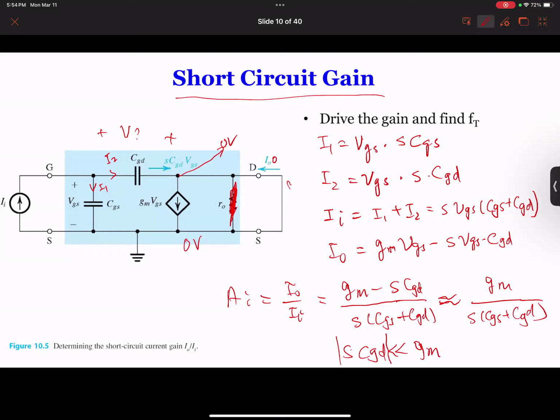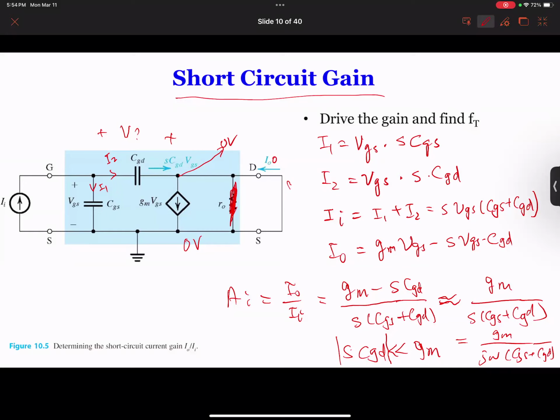Okay, so we got AI equals GM over S times CGS plus CGD. And because this S can be replaced with j omega, this becomes GM over j omega times CGS plus CGD.